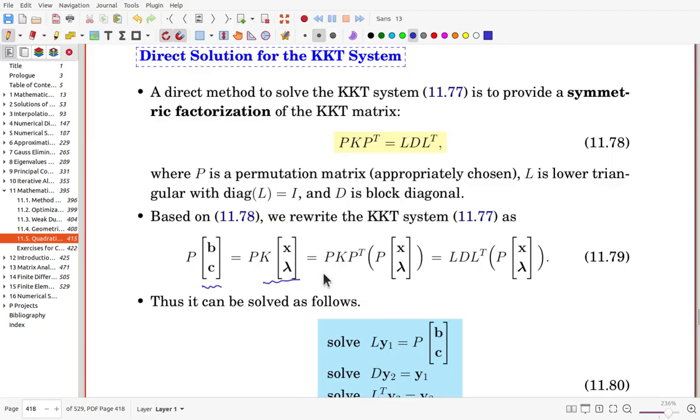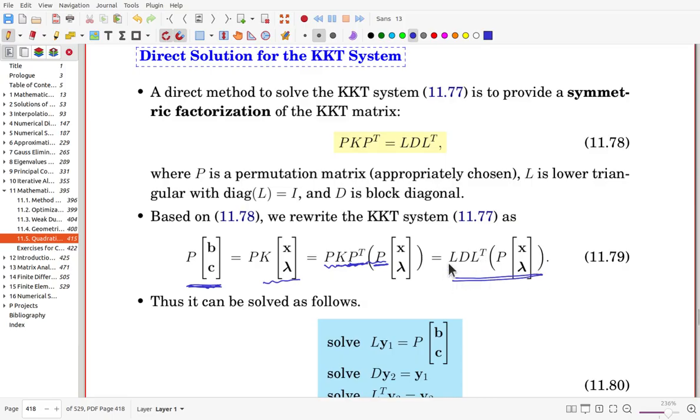Then we multiply here P transpose and P, so that this will be identity, so the same. Now, this portion, KP transpose, is replaced by LDL transpose. Right? So we reset this one.